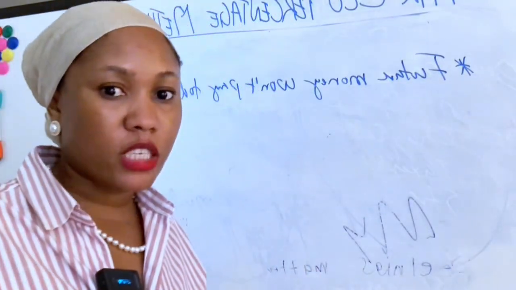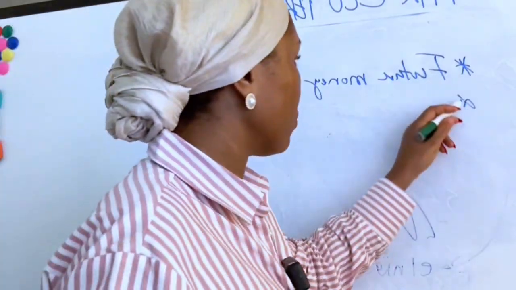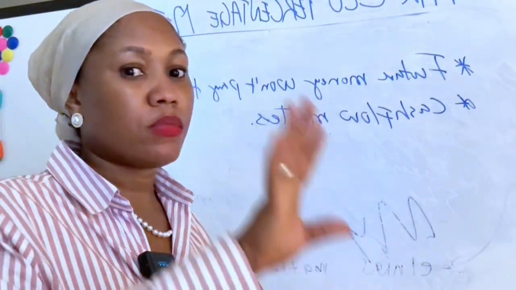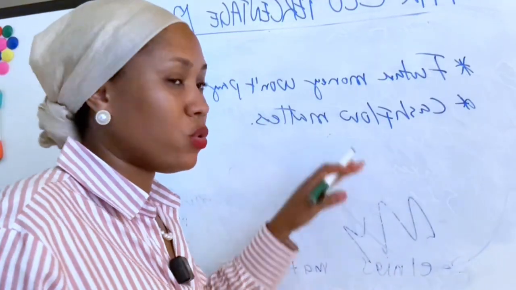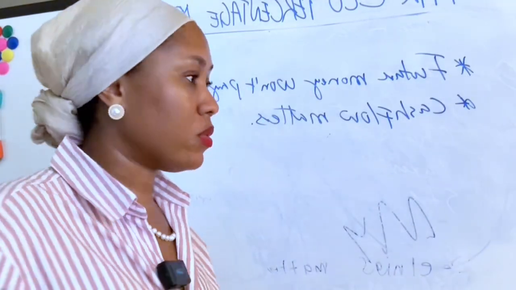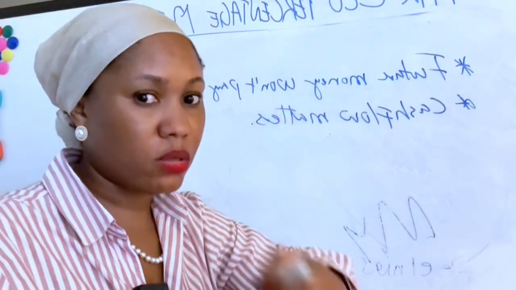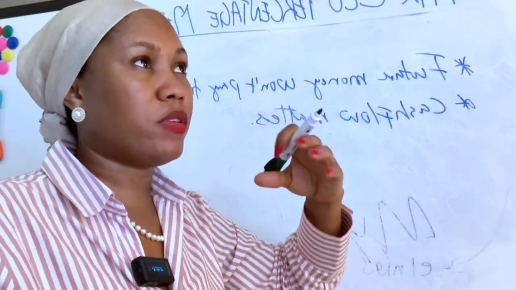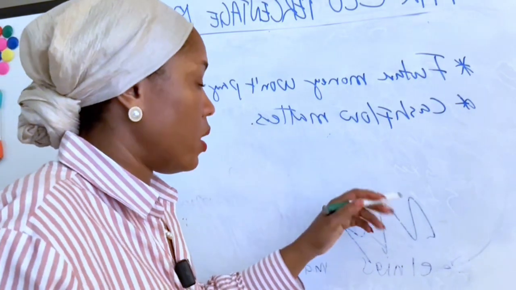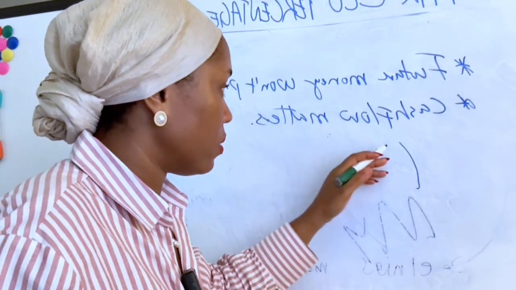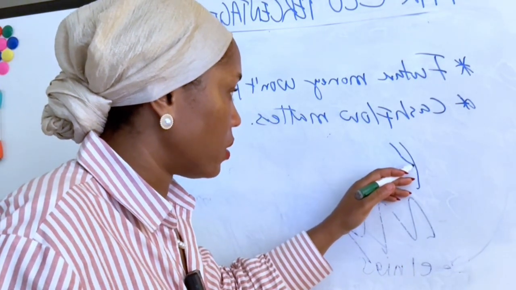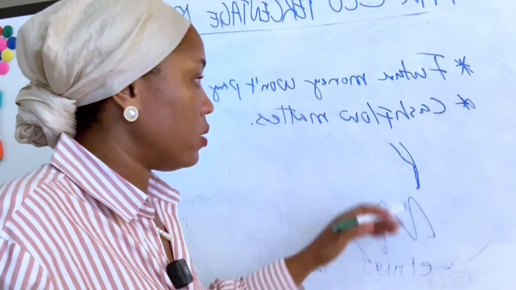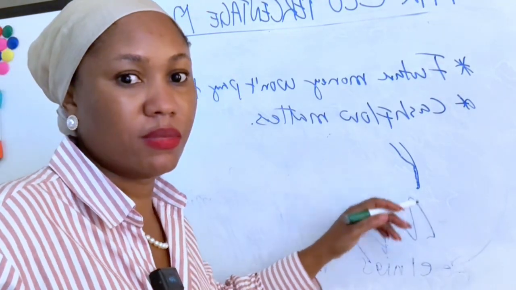Two, cash flow matters. And cash flow is not revenue. Cash flow is not profit. Cash flow is the entire thing: how the money comes in and how it's spent. And if it's coming in and getting clogged here and clogged there, then that's not good.